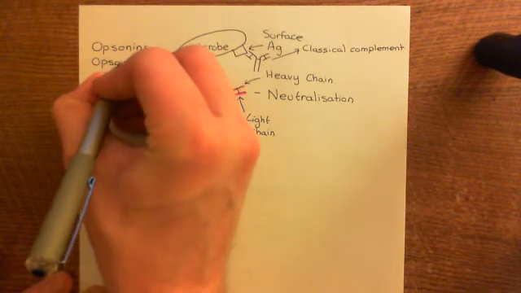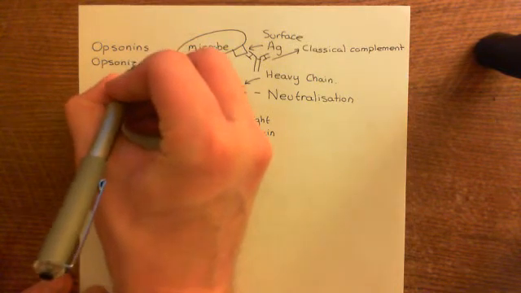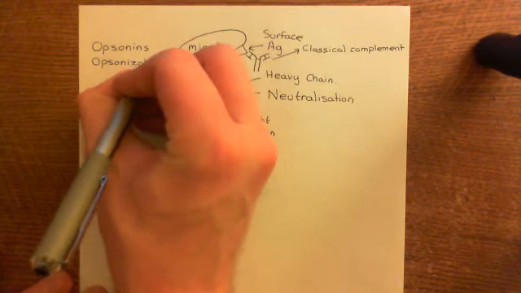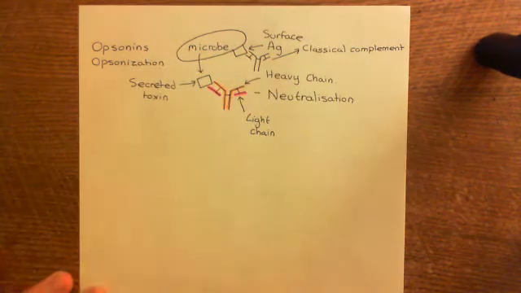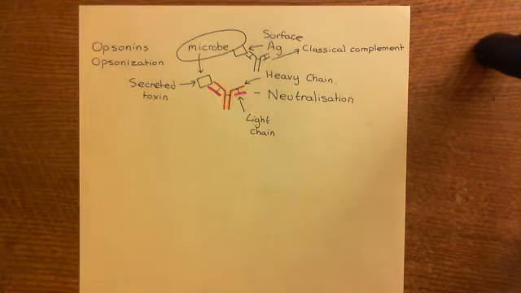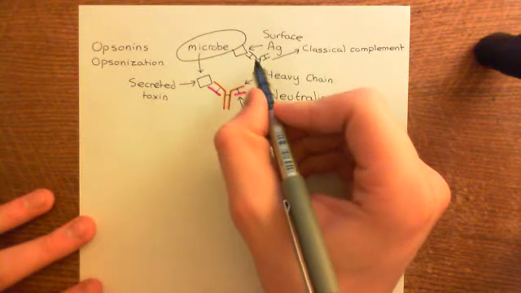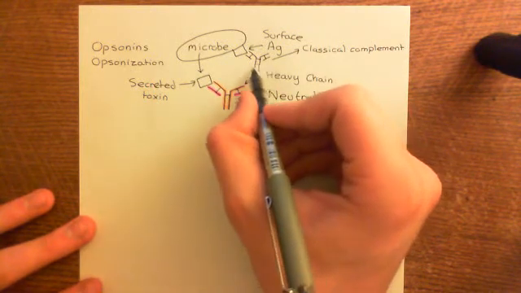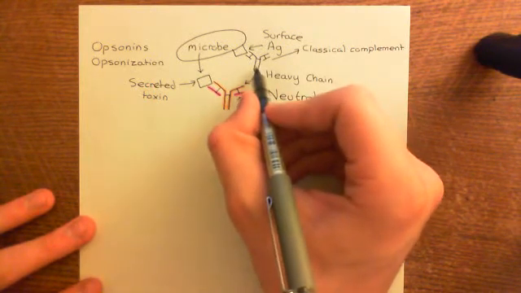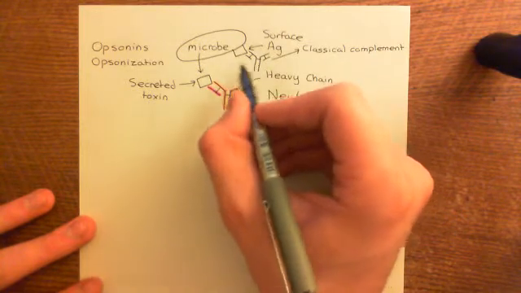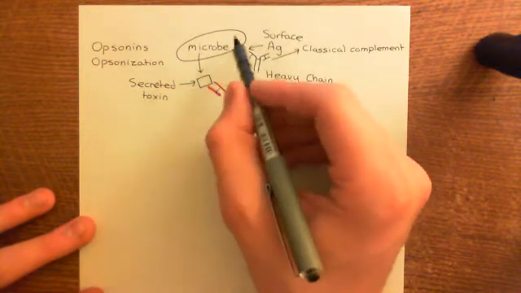So what is the process of opsonization? When a phagocyte, such as a neutrophil or a macrophage, wants to phagocytose an extracellular microbe, it needs to bind to molecules on the surface of the microbe. If the microbe is covered in antibodies, it can bind to the fixed region of the antibody, and that will promote the phagocytosis of this microbe.